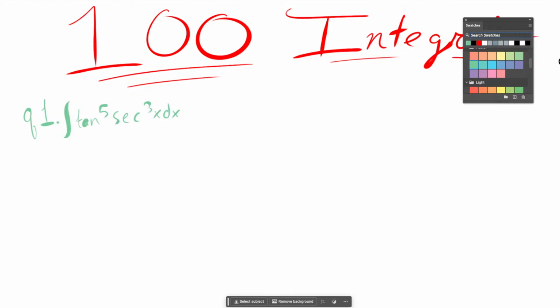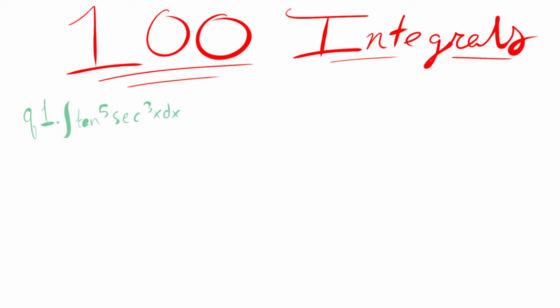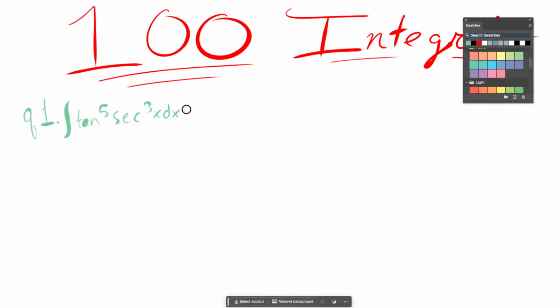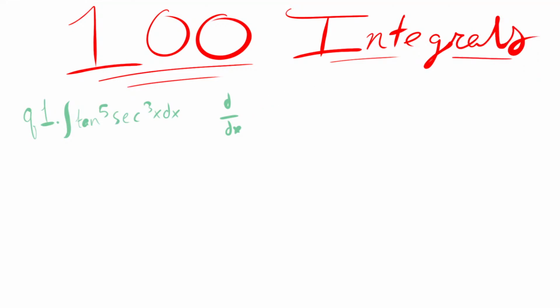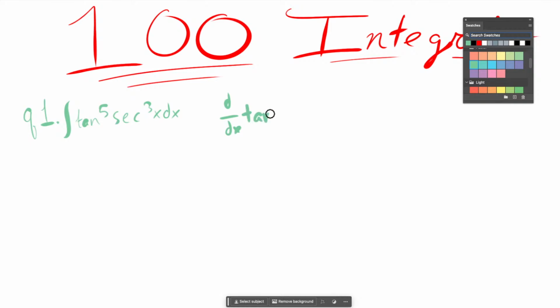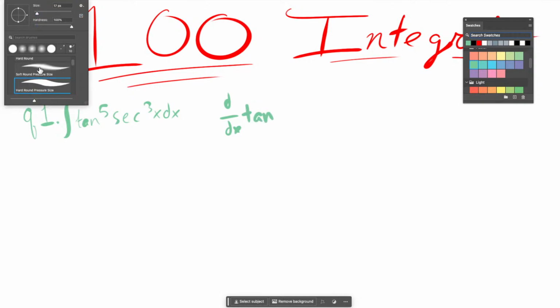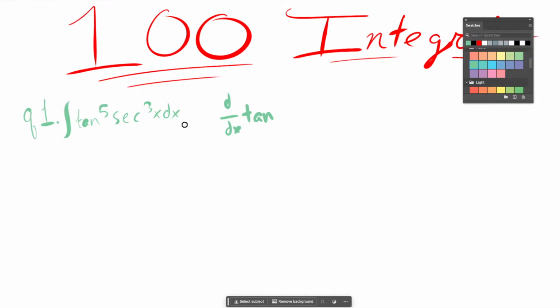So we know that the derivative of tangent, d dx tangent, what is the derivative of tangent? Secant squared x, right?